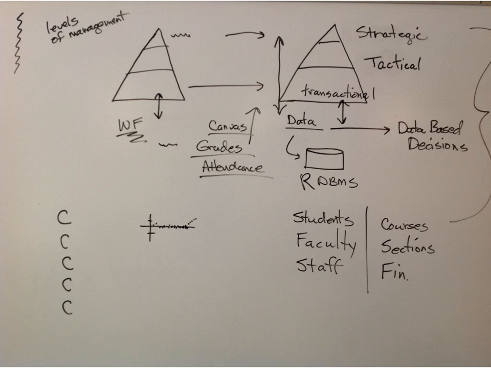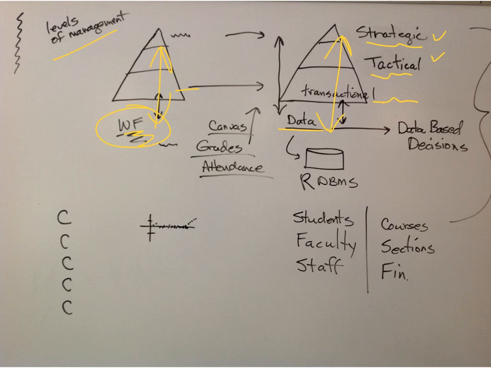We reviewed levels of management. That's a workforce, that's West Fork, the high school, that's a workforce. Different levels of workforce, and then we have data, and from there we send information through tactical, strategical, or day in, day out work, weekend or seasonal, and this is long range decisions.